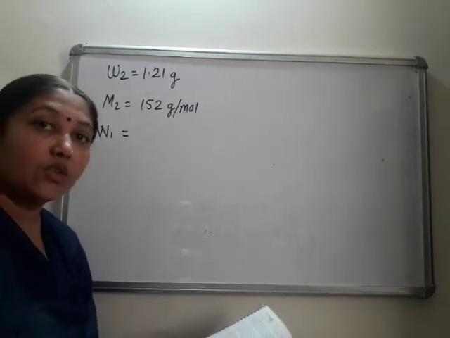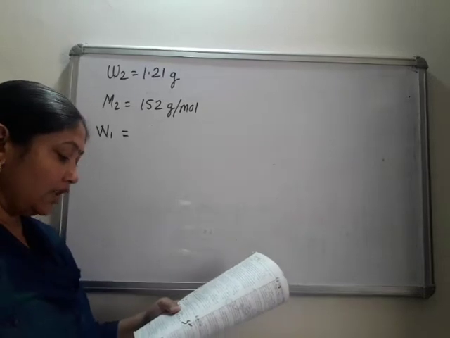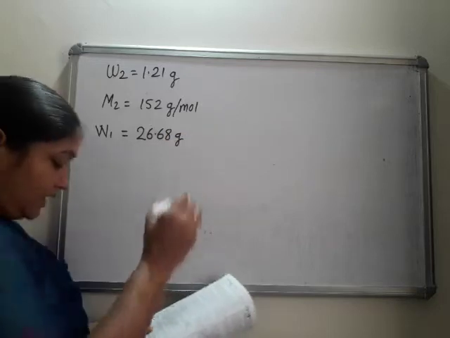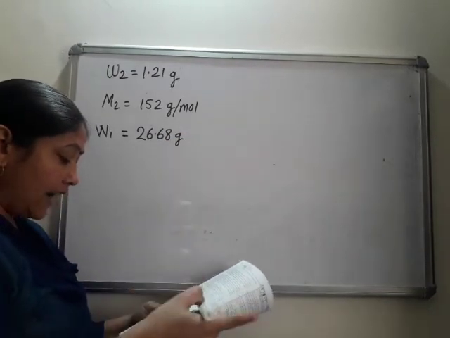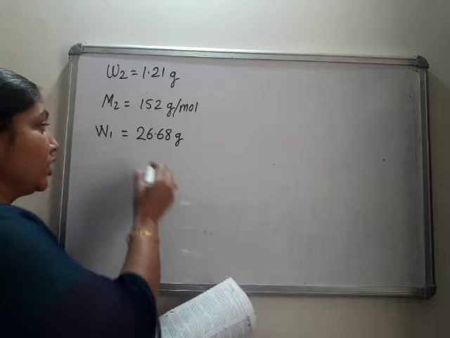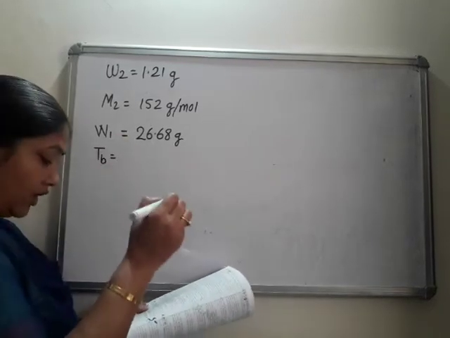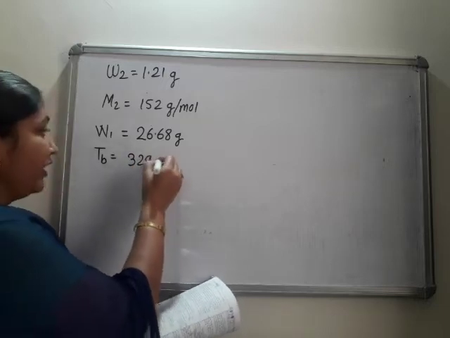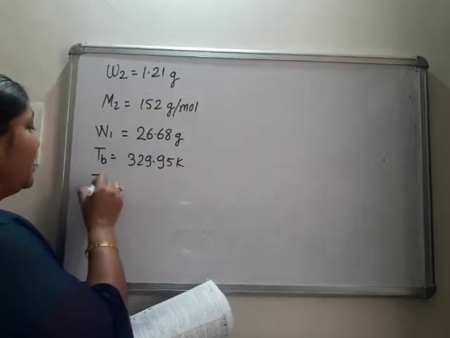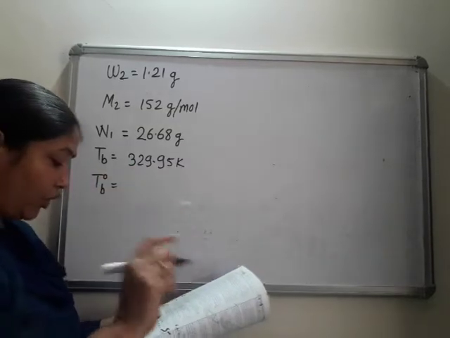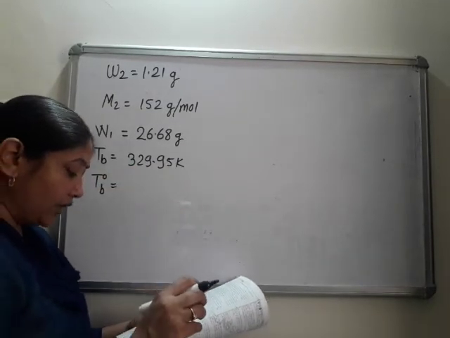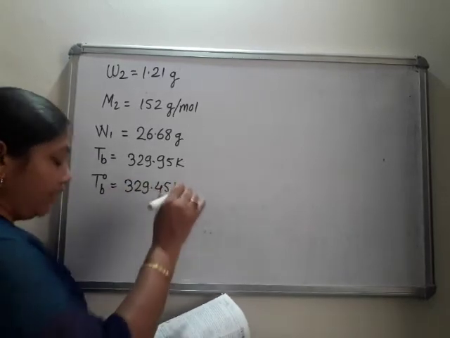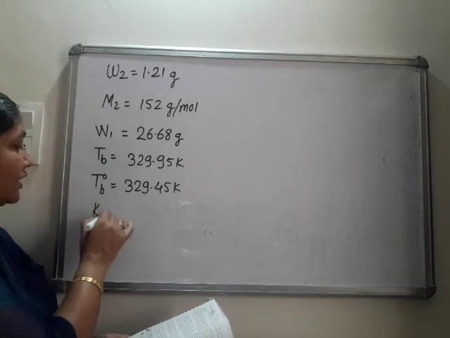Acetone is used as solvent here. So W1 is 26.68 gram, and boils at, means this is the boiling point of solution. So it is TB. What is the value? 329.95 Kelvin. And T0B, boiling point of pure acetone is given. That is pure solvent is 329.45 Kelvin. And question is, what is Kb?